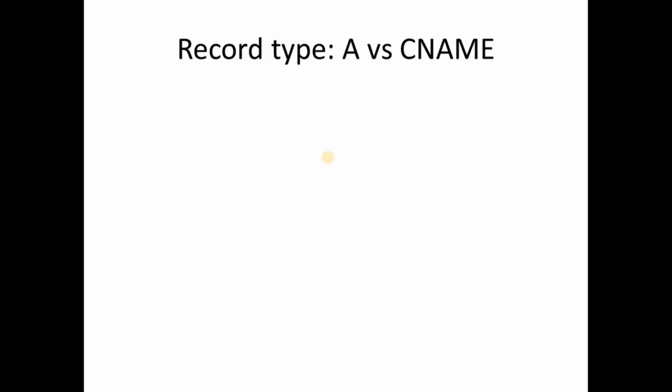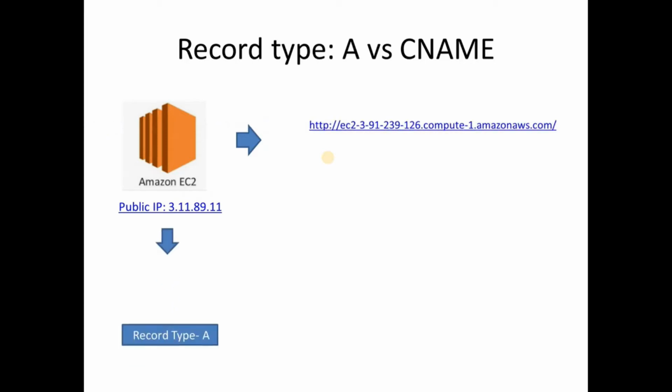So let's say we would like to host a web server on an EC2 instance. The moment the EC2 instance is provisioned by AWS, it will create a public IP and public DNS. If you have a public IP, then the choice is an A record with the IP address, and it is recommended to use a static IP.